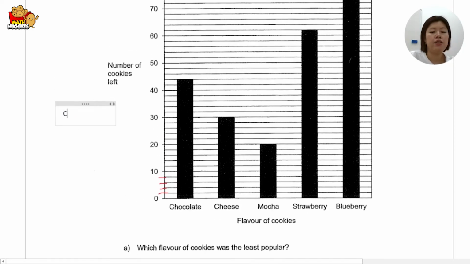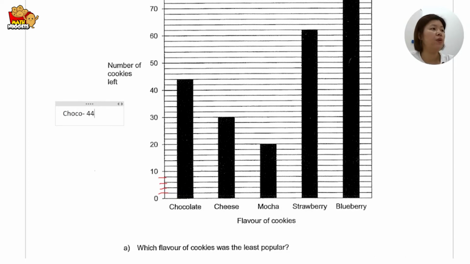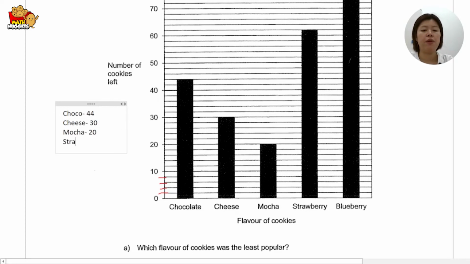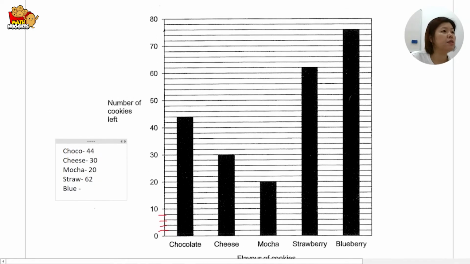Okay, my choco is 44 left. My cheese 30, mocha 20, strawberry 62, blueberry, take a look first, 76.